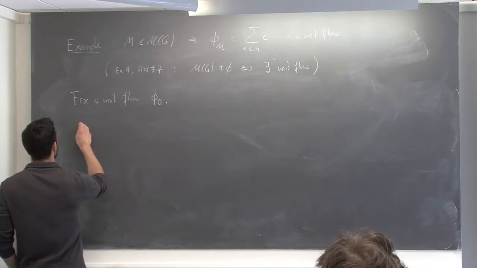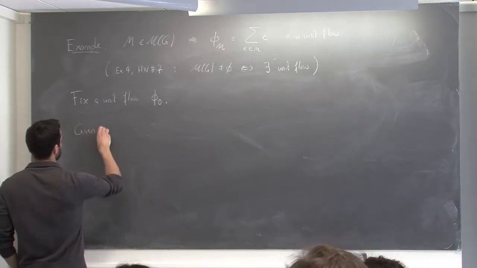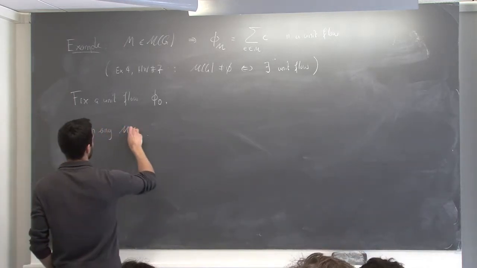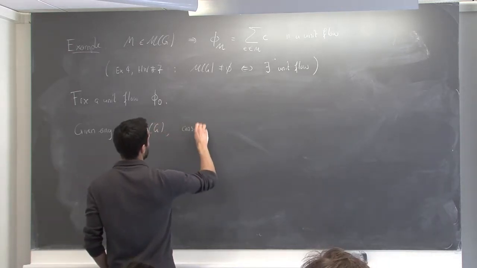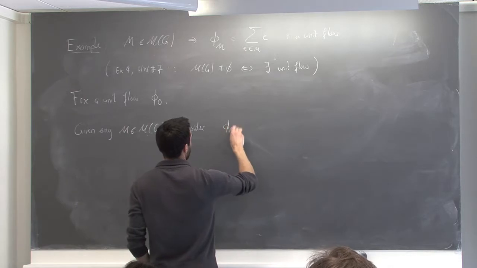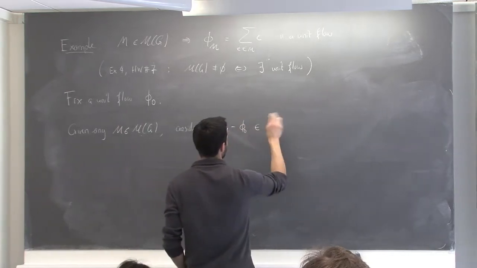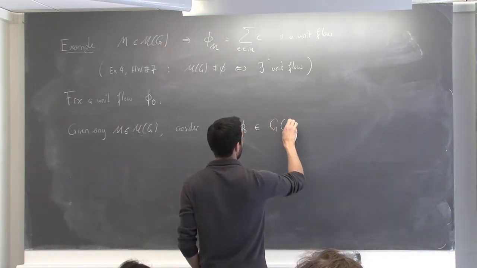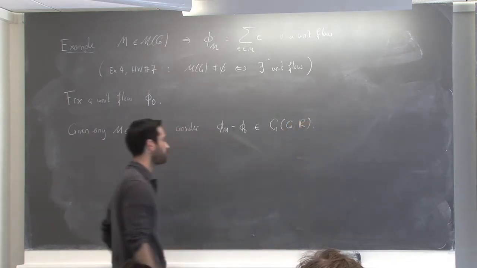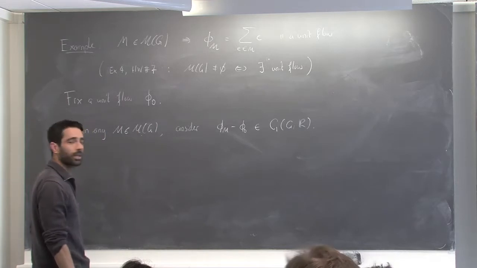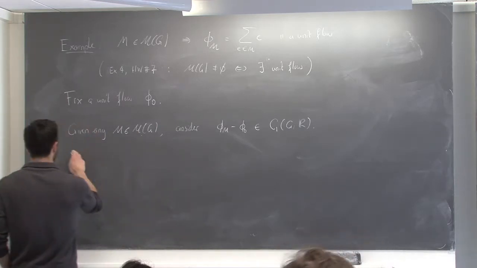So now, given any perfect matching, consider the difference phi m minus phi 0. So this is an element in C1. Now, what can we say about this?